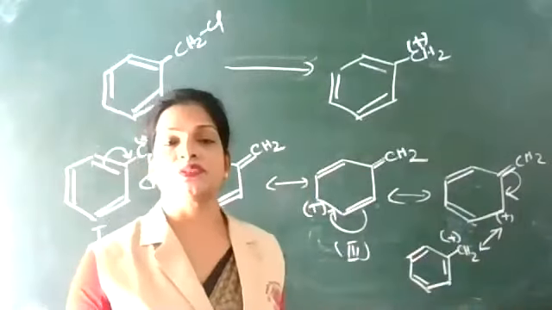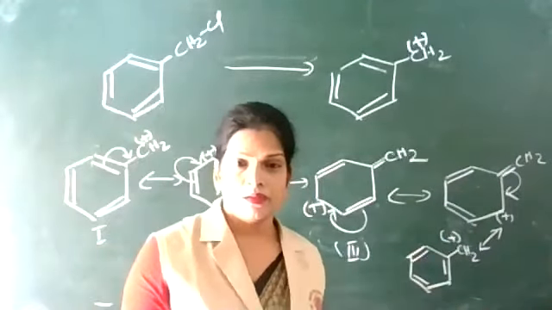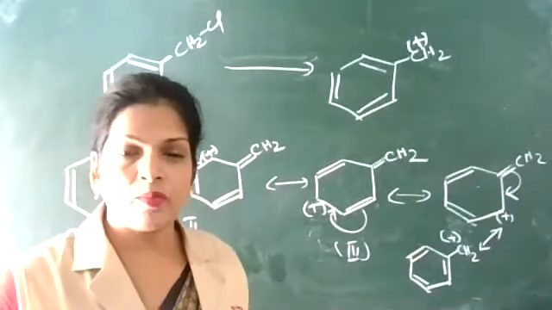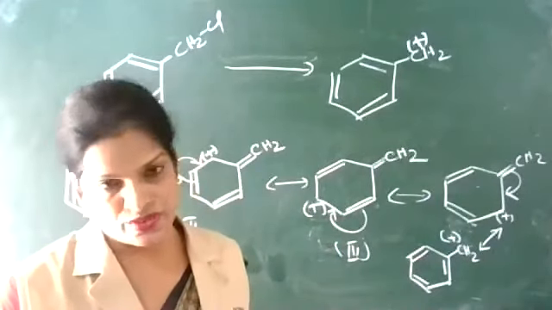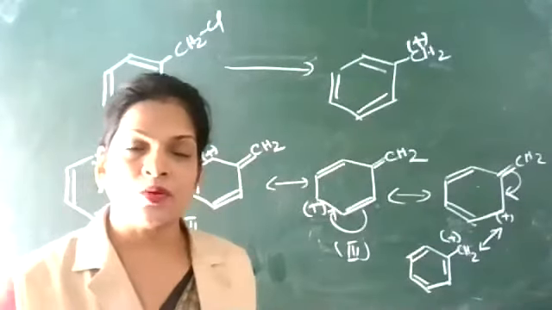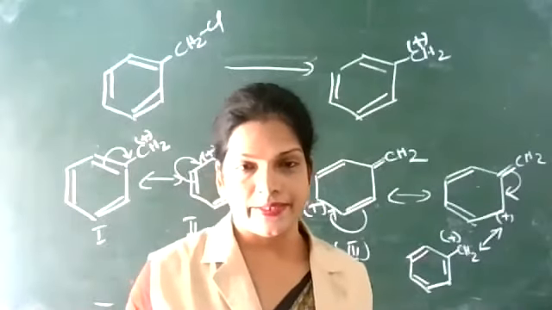So 5 resonance structures are available. As more and more resonance structures are available, the carbocation becomes more stable. So benzyl carbocation is stabilized by resonance.